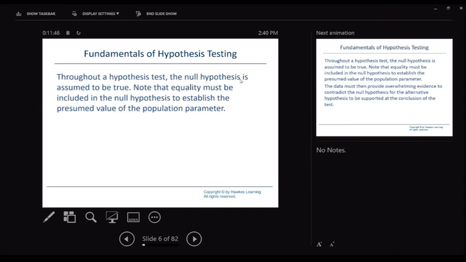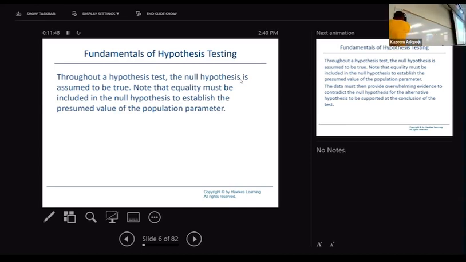Now, this is what I'm saying. H0 can take three possible symbols: equality, less than or equal to, or greater than or equal to. For the alternative HA, we have three possible symbols as well: not equal to, less than, or greater than.